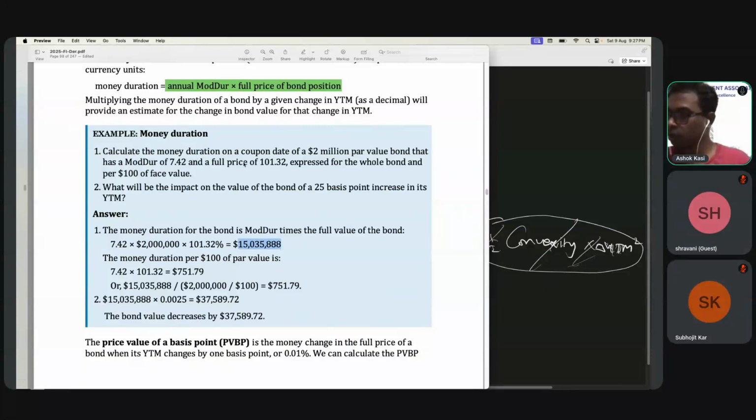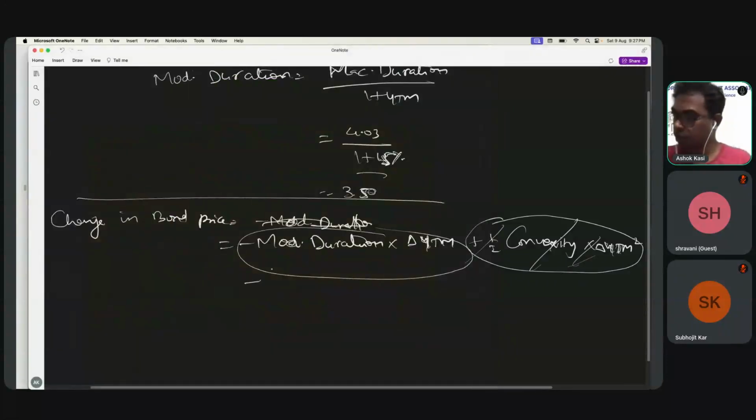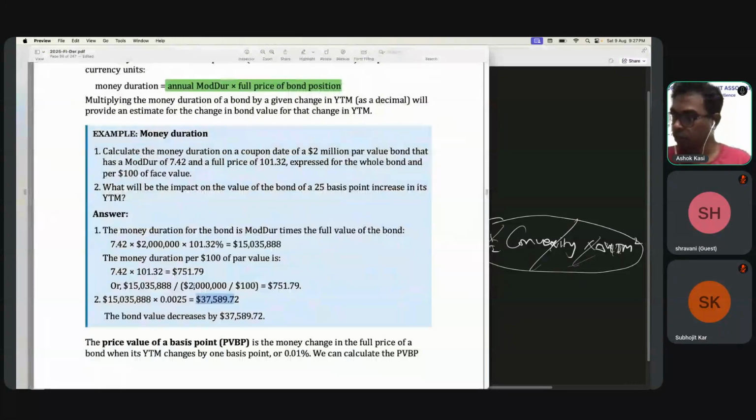Now they said what is the change for a 25 basis point increase. So it will be minus duration. That's why they say decrease. Minus this much. Is it okay? This part, minus 15035.